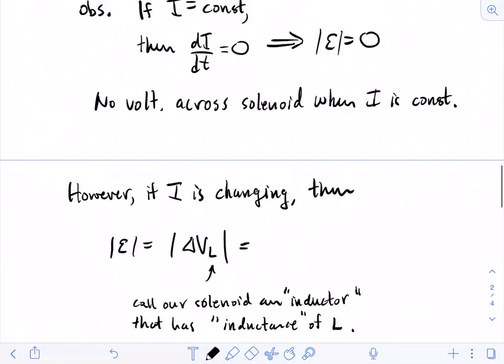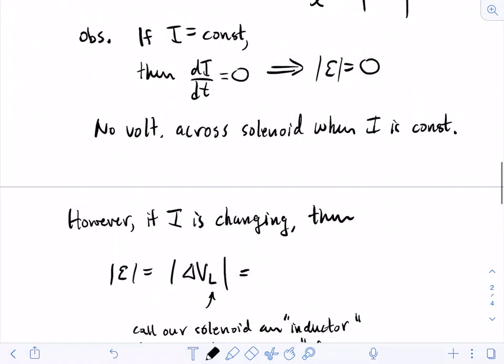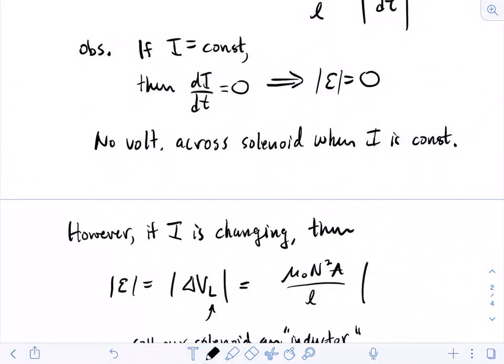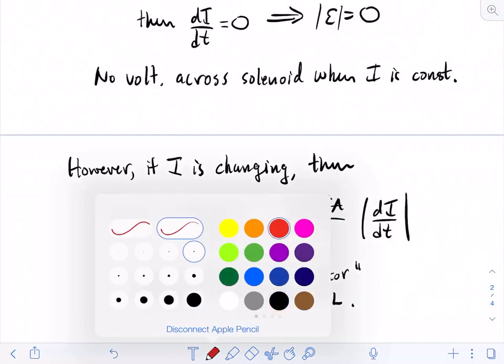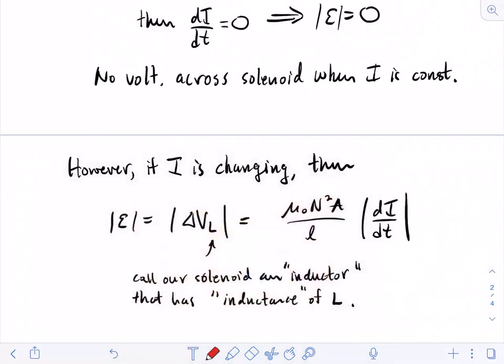Okay, well, we've already written down the result. It was mu naught N squared A over L, and then it was the di dt. Okay, and so what is the inductance L? The inductance L is defined to be all of these prefactors.